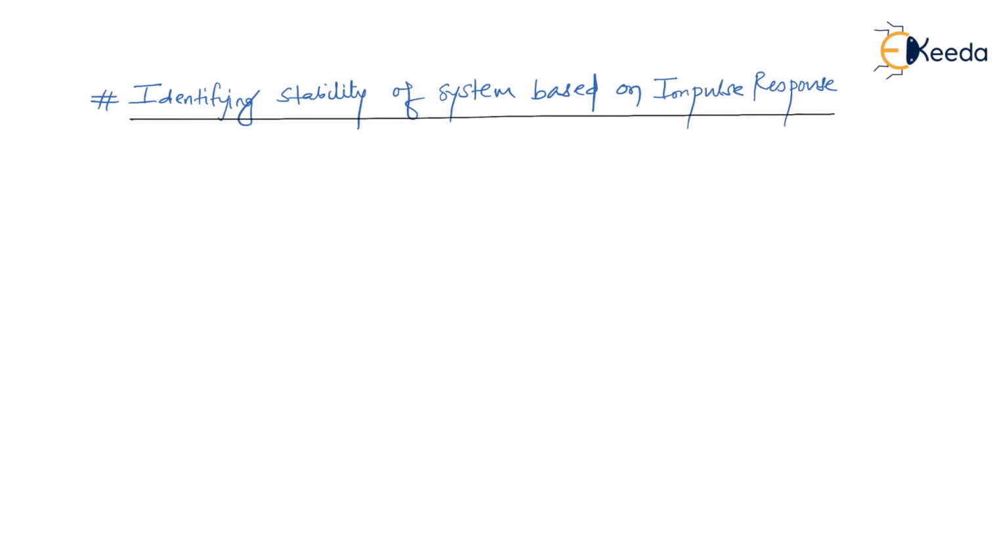So let me remind you, if the impulse response is, let's say, h of t, and if h of t is absolutely integrable, then the system is said to be a stable system. So h of t is your impulse response. If it is absolutely integrable, meaning that the area under the curve of h of t is finite, then we say that the given system is a stable system.